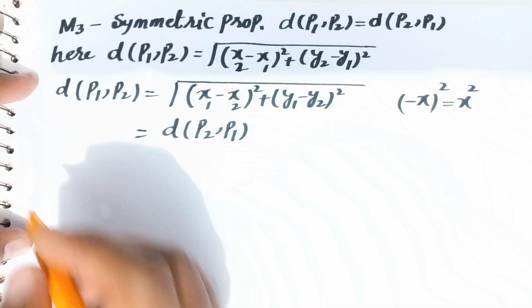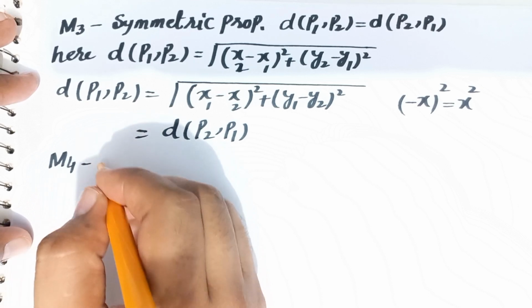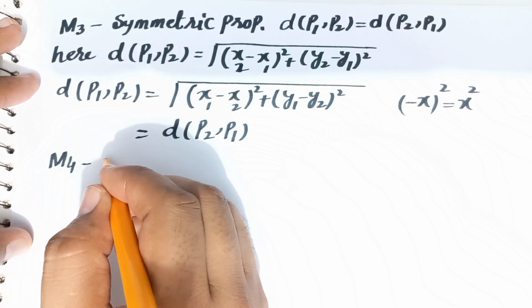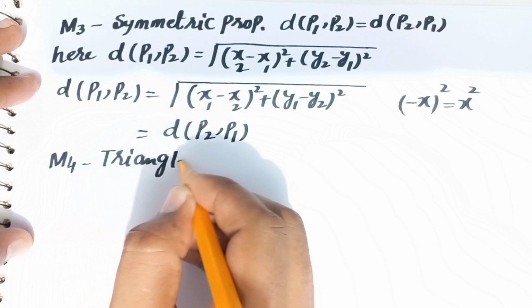Next one is the fourth and the last important axiom of any metric space, that is the triangle inequality.